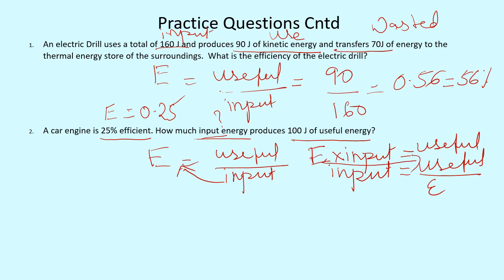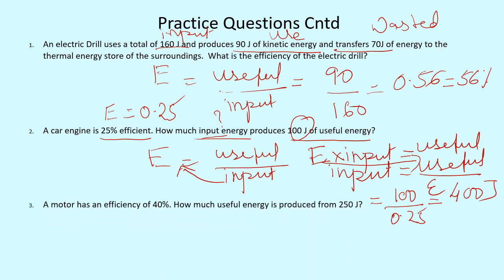When it comes to the other side, it becomes division. So how much is my input? Useful was 100. Efficiency is 25%. So 100 divided by 0.25. Remember to make it into decimal before you put it in the equation. And the answer is 400 joules. So my input is 400 joules.